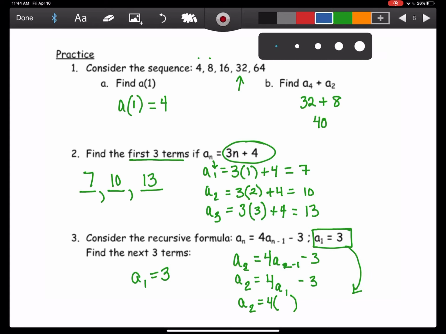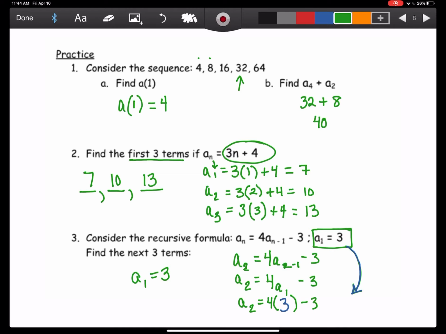So I substitute 3 into the spot that says a sub 1. I have to keep going with the rest of my rule, and that's minus 3. And what do I get? I get 4 times 3 is 12, minus 3 is 9. So that means a sub 2 equals 9. Okay? Pause the video. I need to erase this so I have room for a sub 3.